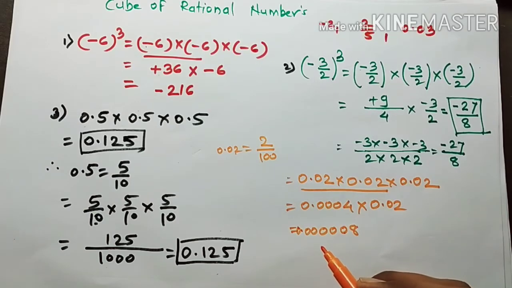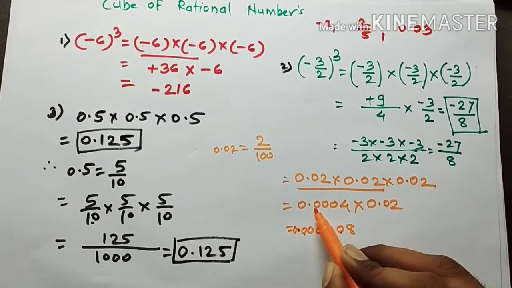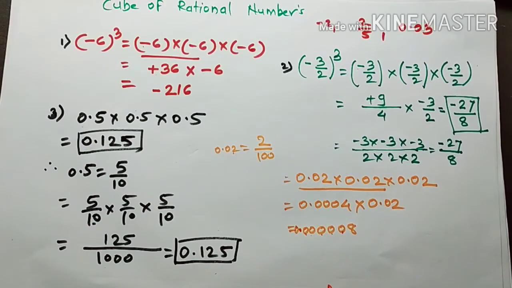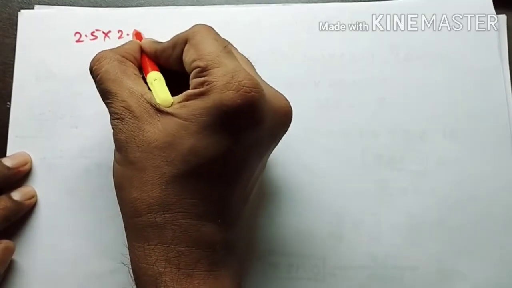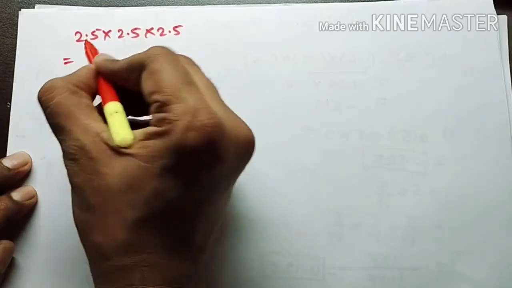We get this number in this way, with 6 places. Here is the decimal point, 1 2 3 4 5 6, so 0.000008. Here is an example; various types we use here.